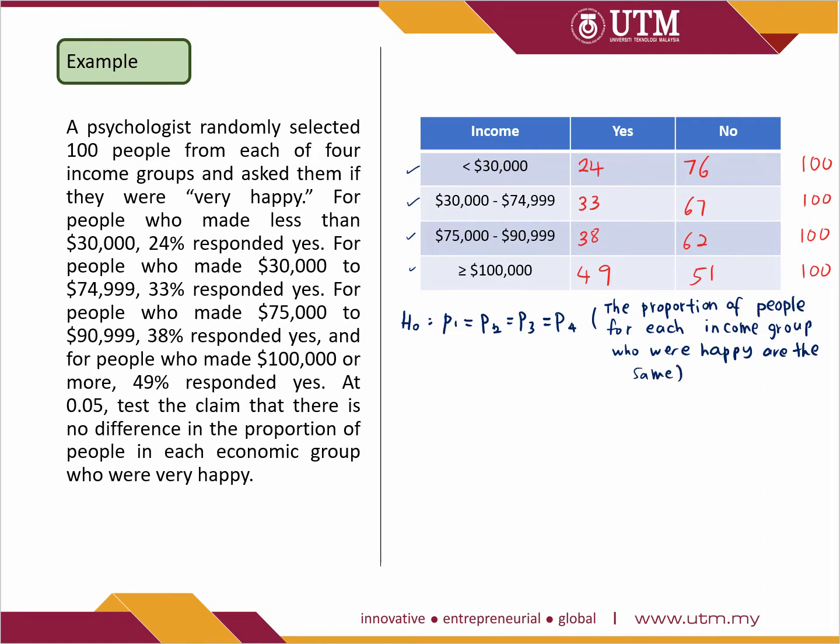So this is our claim, the proportion of people who were very happy. The alternative hypothesis would be that at least one proportion is different from the others.